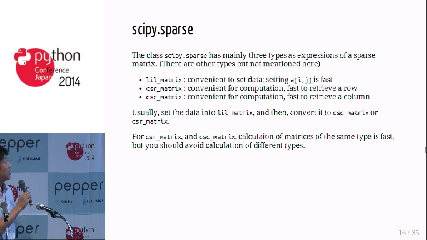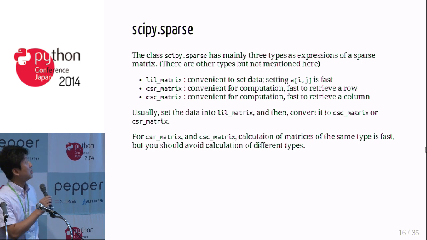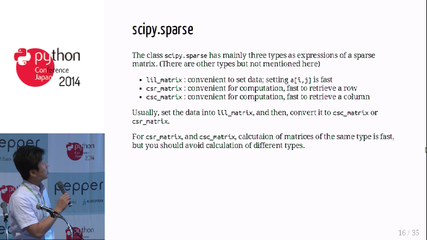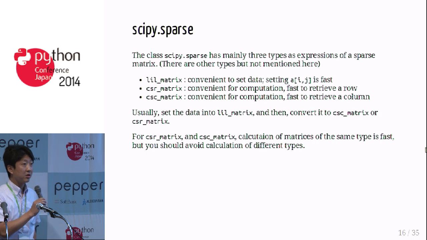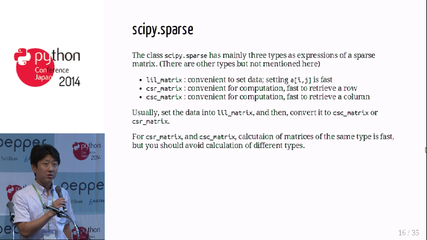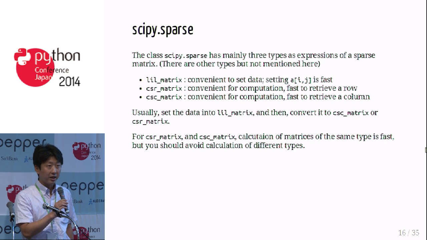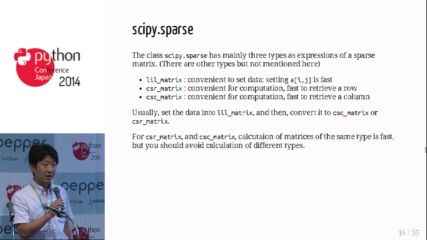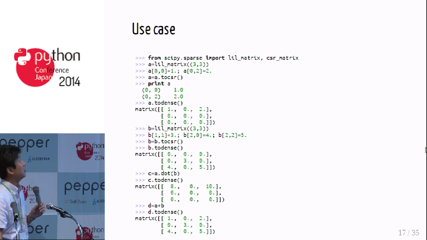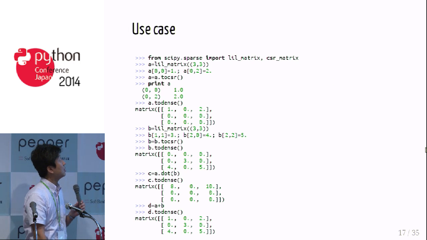And CSR and CSC are mainly for computation. Usually when you use a sparse matrix, you set data to LIL matrix. After that, you convert it to CSC or CSR matrix, and then you do multiplication or that kind of thing. This is a typical use case of using sparse matrix.